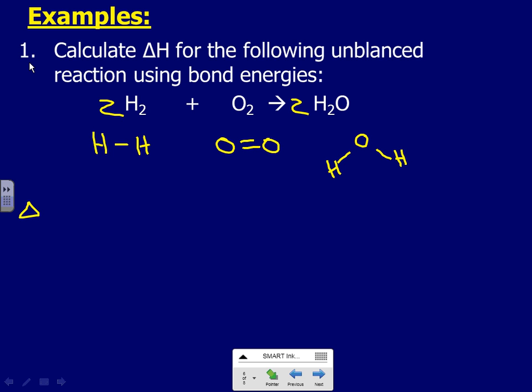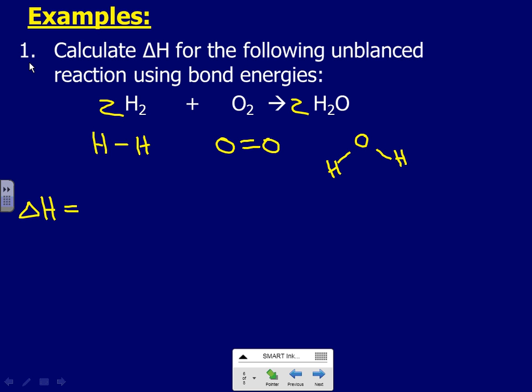So, delta H. Now, I could create some fancy equation, but I don't think it does a service to do this here. What I need to find is the energy for the H single bond H, and I need to multiply it by 2, because there's 2 of those.